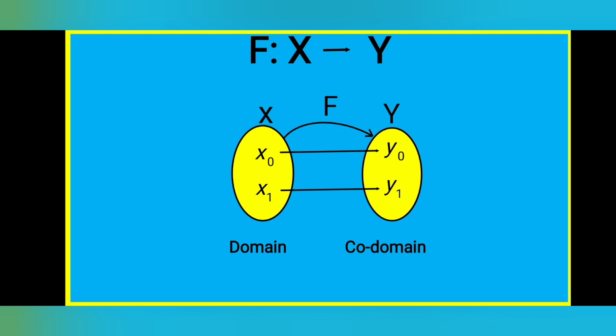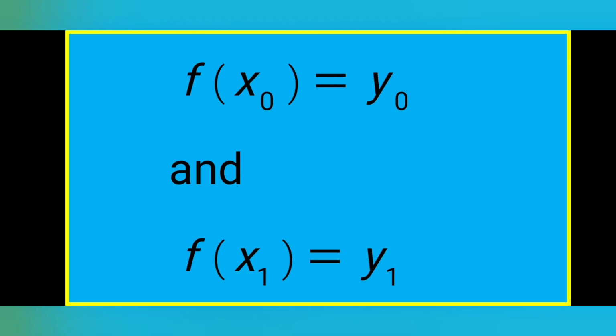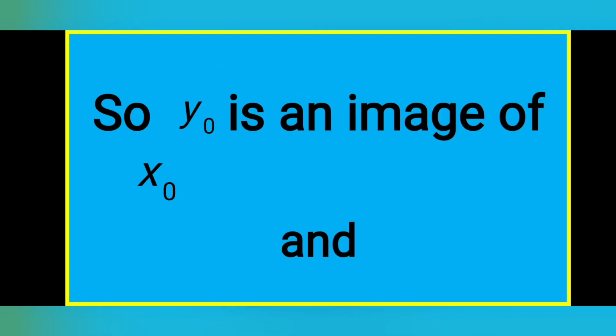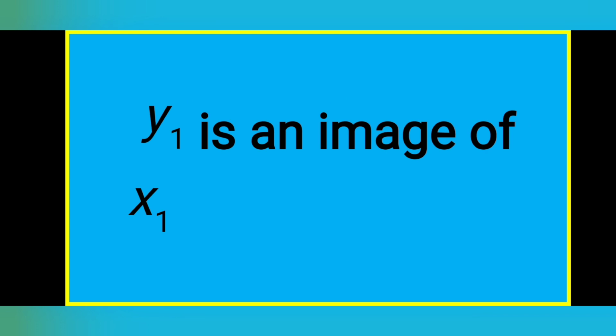We can see from the diagram that x0 is assigned to y0 and x1 is assigned to y1. This implies that f of x0 is equal to y0 and f of x1 is equal to y1. So that means y0 is an image of x0 and y1 is an image of x1.